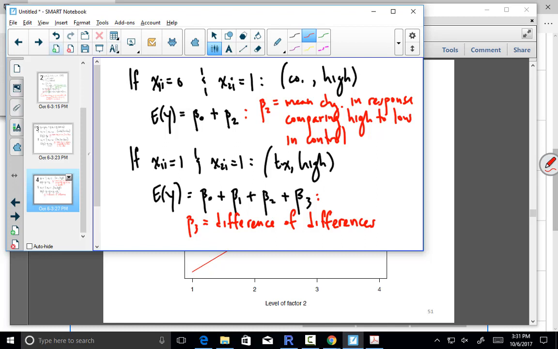Beta 3 is an interaction term. Interactions are all about allowing for the effects of one of the predictor variables to depend on the level of another one. So we actually interpret beta 3 as that quantity, the difference in the effects.